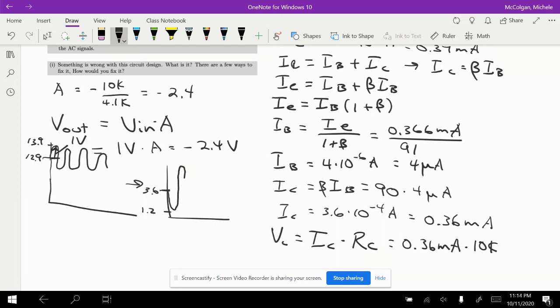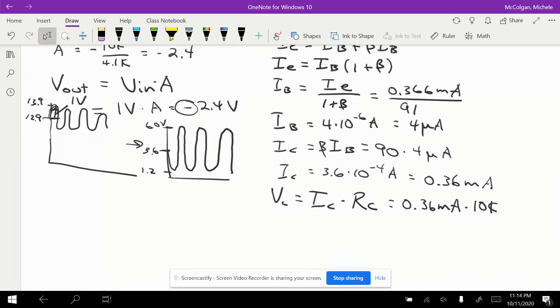And since it's inverting, the negative right here flips my signal. So here I started positive, and now here I start and it goes negative. And this is going to be, let's see, 6 volts. So that's what the circuit's going to look like.